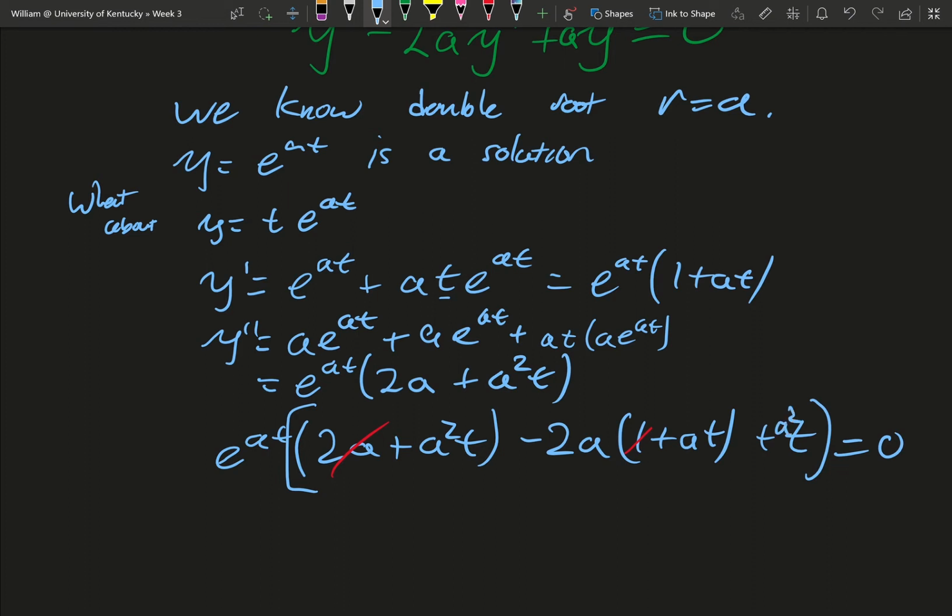Of course. Okay. All right, so we're left with a squared t minus 2a squared t plus a squared t, and yeah, that equals 0.